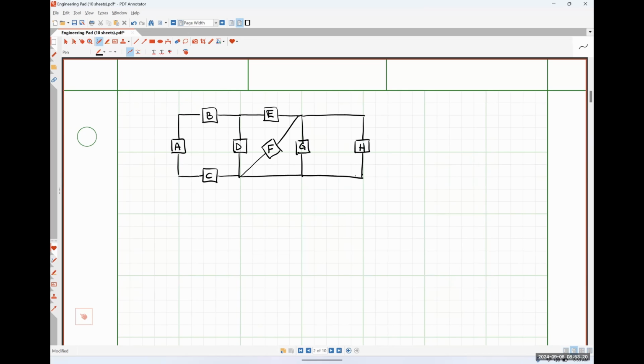And I want us to look at this network and answer the following questions. Our first question will be, how many nodes does this network contain?